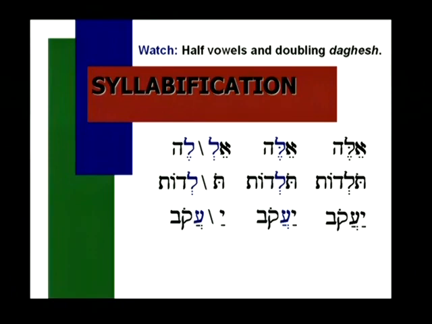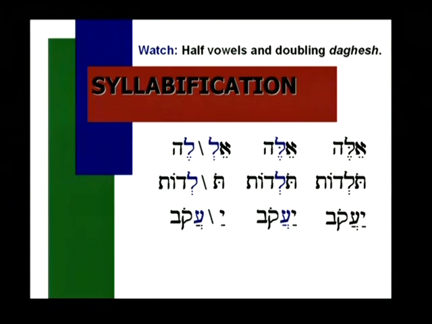Vocal schwas begin syllables. All you have to do when you see a schwa is ask yourself a question: is this a vocal schwa or a silent schwa? And if you need to, go to your textbook, page 37 and page 38, and look at those two charts that give you the rules for vocal and silent schwas. Go through and identify which it is, and then you've got your answer.